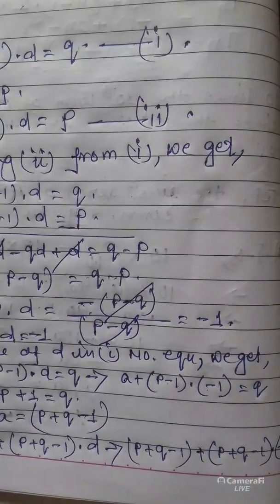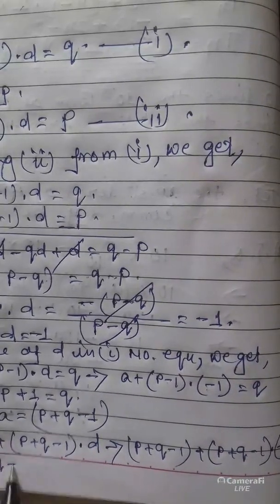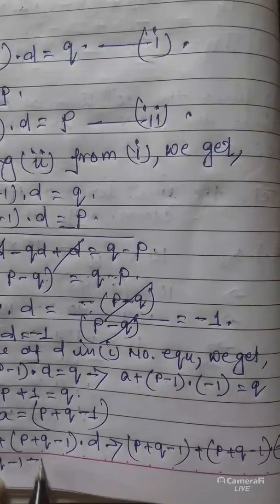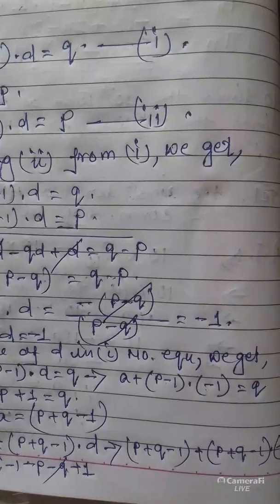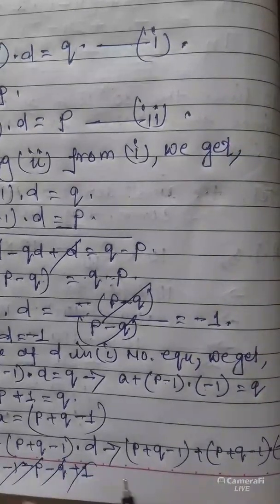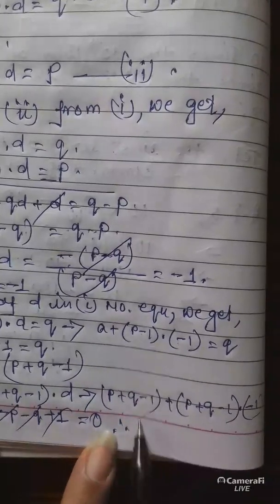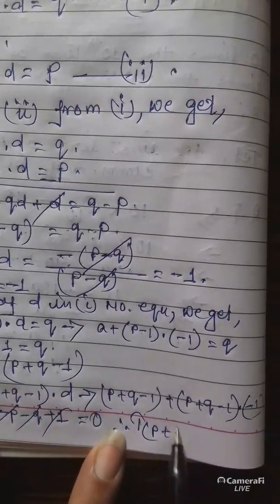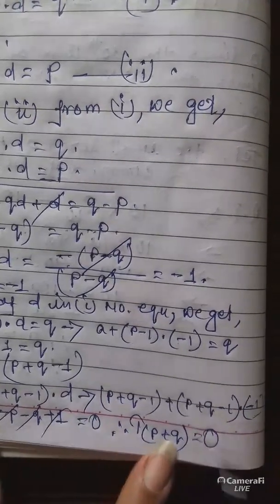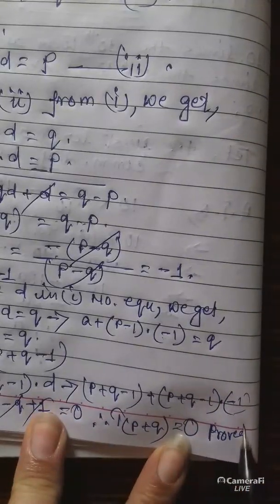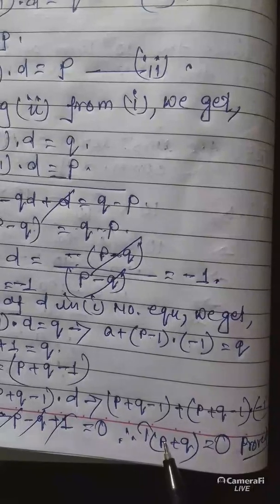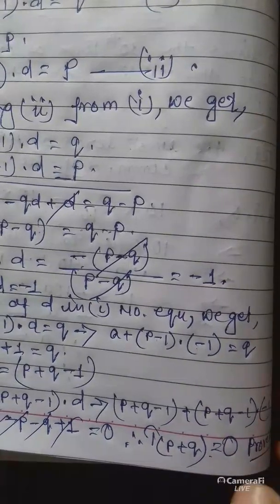So we get P plus Q minus 1 minus P minus Q plus 1. Q cancel, P cancel, 1 cancel, equal to 0. Therefore the (P plus Q)th term equal to 0. We can prove this.